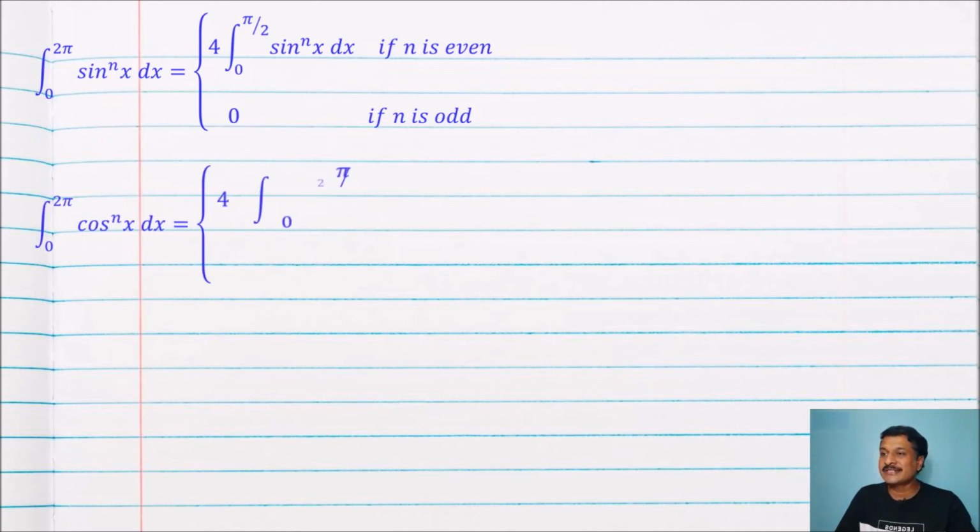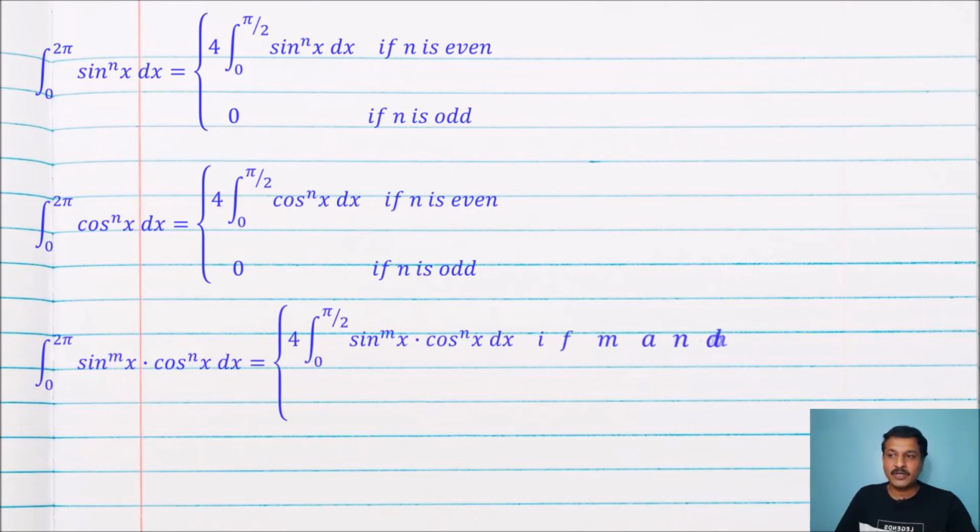Similarly for the cos, integration 0 to 2 pi cos x raised to n dx equals 4 times integration 0 to pi by 2 cos x raised to n dx if n is even, and equals 0 if n is odd. Also, integration 0 to 2 pi sin x raised to m into cos x raised to n dx equals 4 times integration 0 to pi by 2 sin x raised to m into cos x raised to n dx if m and n both are even, meaning the powers of cos and sine are both even.